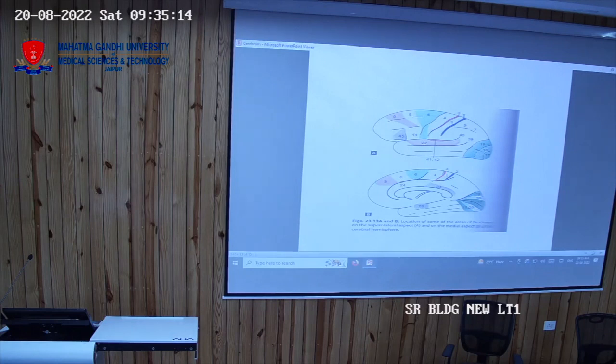Astereognosis. Now what is astereognosis? Try to understand. When the person closes his eyes and is given any object, by observing the weight, size and shape of the object, the person can identify it without seeing.